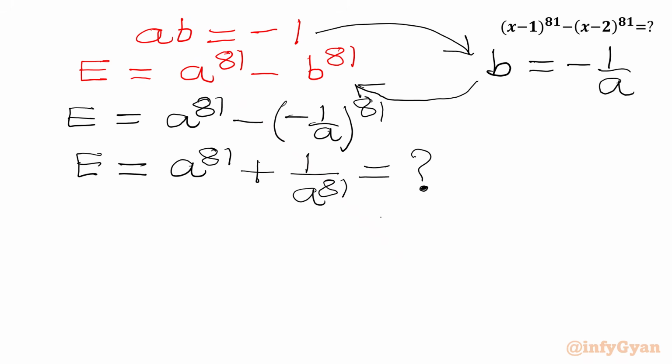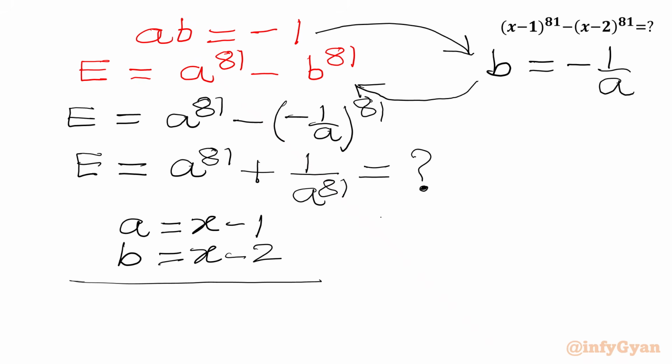This is our target expression. Now I will find a minus b also. a is x minus 1, b is x minus 2. Let's subtract the second equation from the first one. We will get a minus b; x minus x will be over; minus 1 plus 2 is 1.